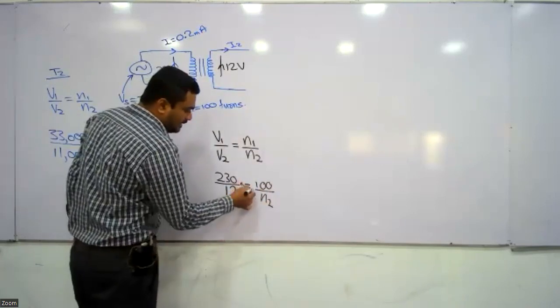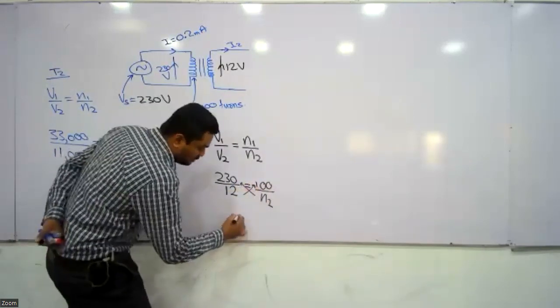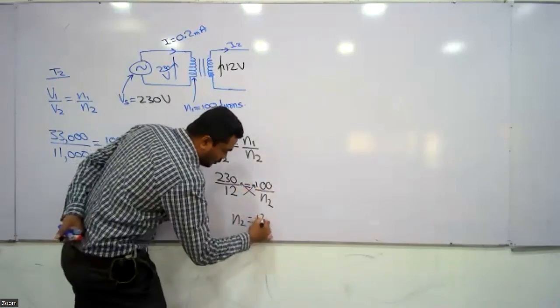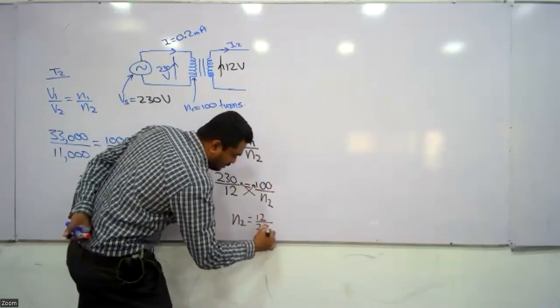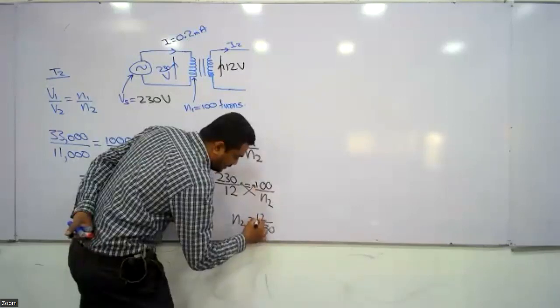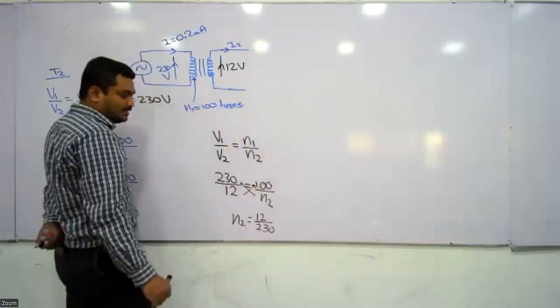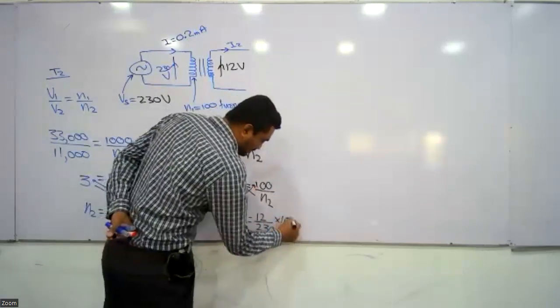Just use cross multiplication to interchange the terms. So you get N2 equals 12 divided by 230 into 100.